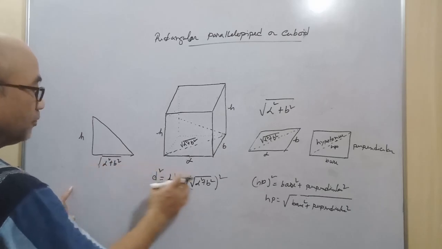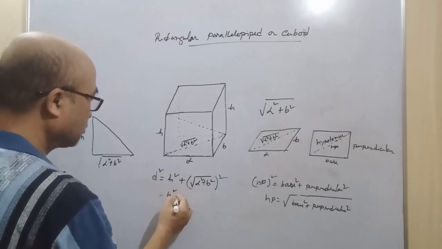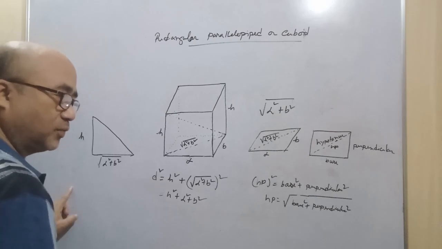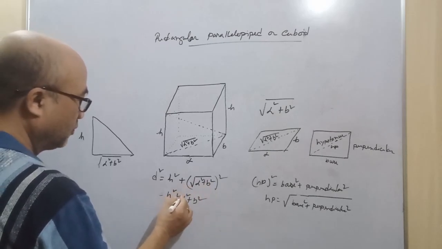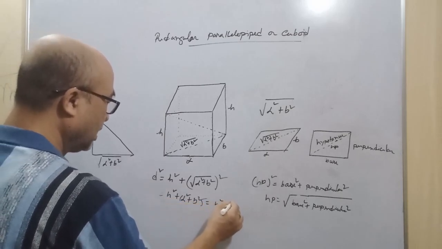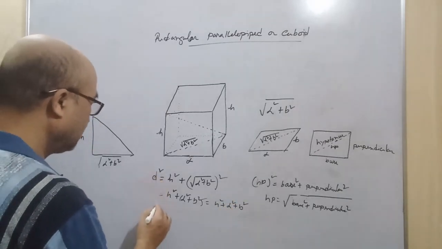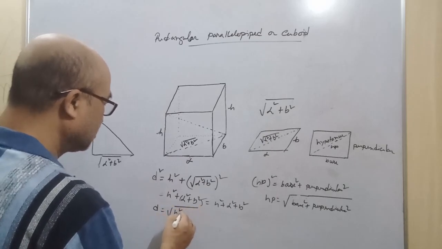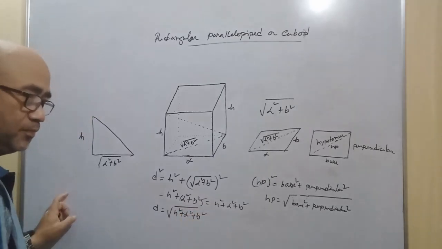So this is equal to h square plus L square plus B square. So what is the value of D, the diagonal? It will be equal to root over h square plus L square plus B square.